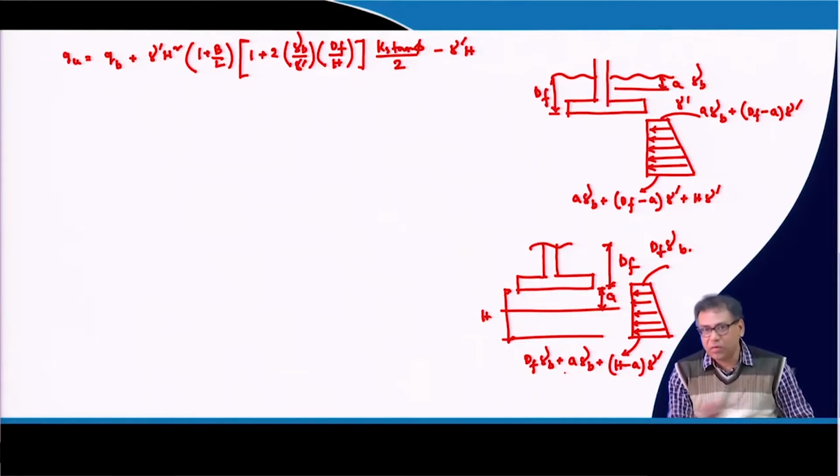If there is no water, then the first equation that I have derived can be used directly, and you have to do the modification if the top layer is sand, because if the top layer is clay, then these forces will not be required, because tan phi will be equal to 0. So, the total part will be 0, so this exercise is not required. This is required if the top layer is sand.